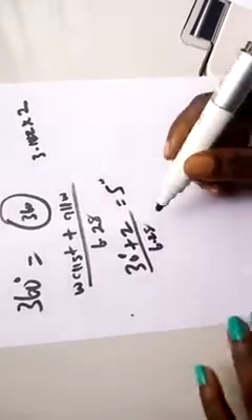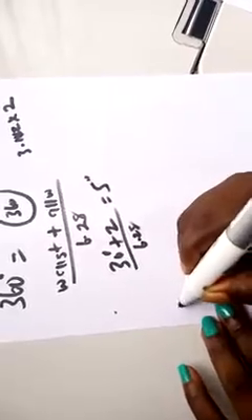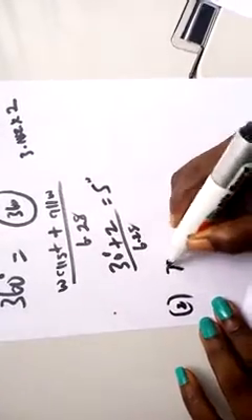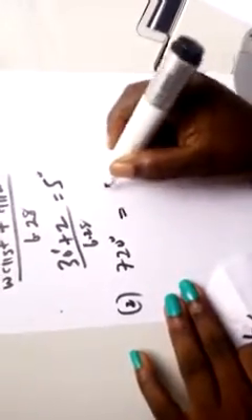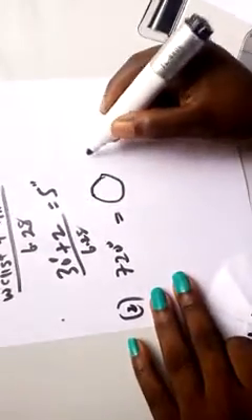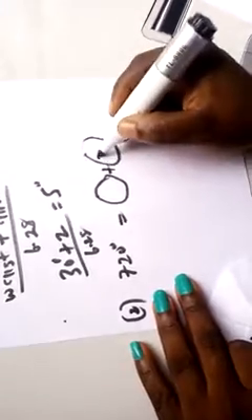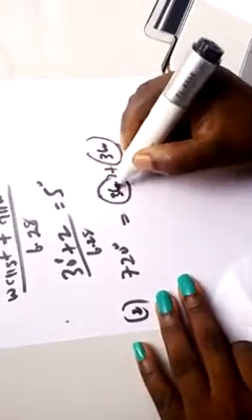Then now let's take the 720 degrees. What it implies is 2 big peplum, 360, 360.